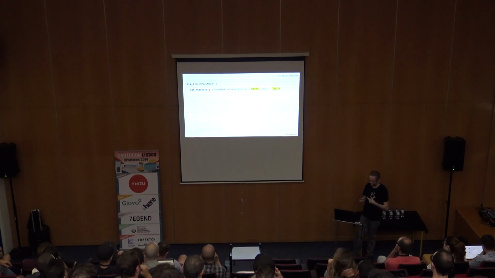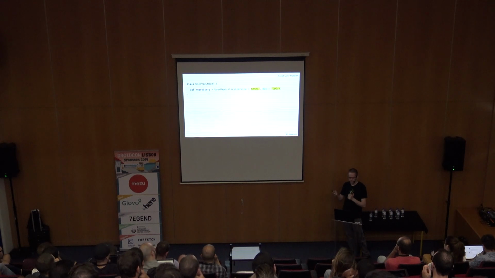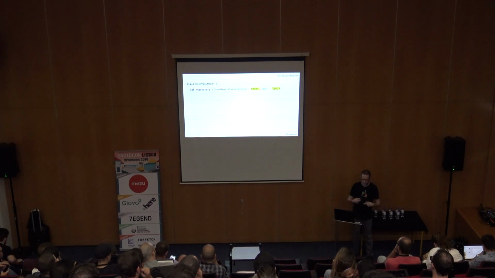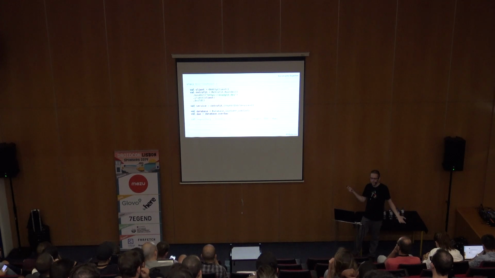Well, the repository is itself a dependency of the view model. So you could initialize it in the view model, which requires that you have the service and the DAO, and that means that you need to create those dependencies. So you could do this, but this is pretty much the same as what we were doing with normal control flow, right? We don't want to do this.